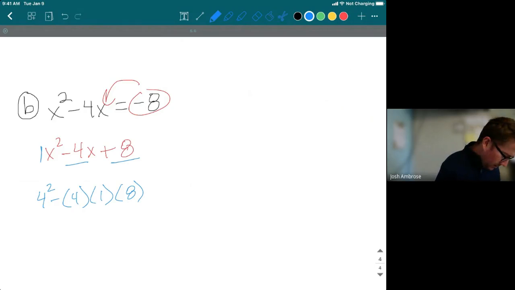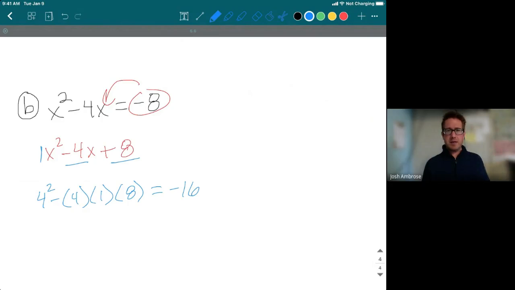Let's see, we got 4 squared minus a 4 times a 1 times an 8. And what do we get? Let's see. We get negative 16, it looks like. All right. So negative 16.